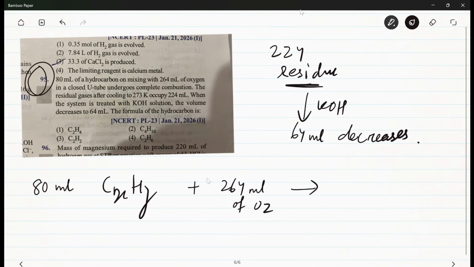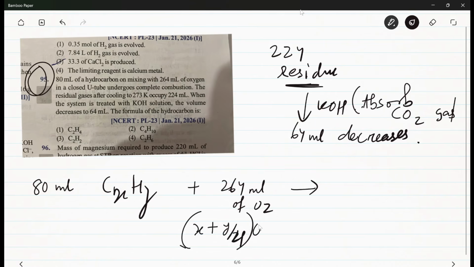Here the concept is that KOH will absorb CO2 gas. If KOH absorbs this CO2 gas, then we have to find out how much unreacted O2 is left and how much O2 is consumed. Now, for any hydrocarbon CxHy, we need x plus y by 4 O2 to produce x CO2 and y by 2 H2O.